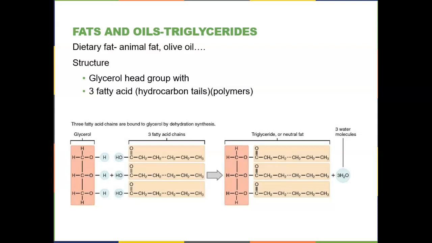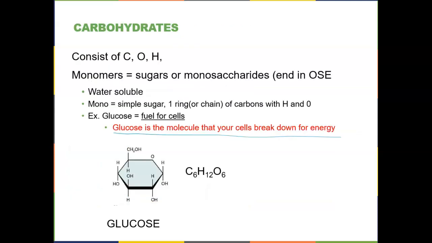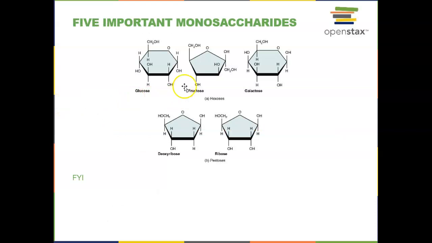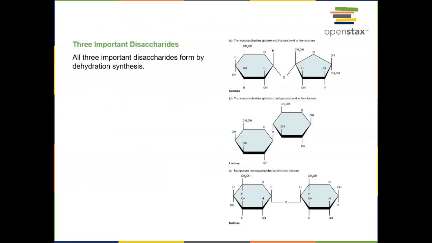I forgot to point out when we were doing the carbs, and I don't have the picture to show it, that carbohydrates are linked together through dehydration synthesis. So let's say you wanted to put glucose and fructose together to make sucrose.